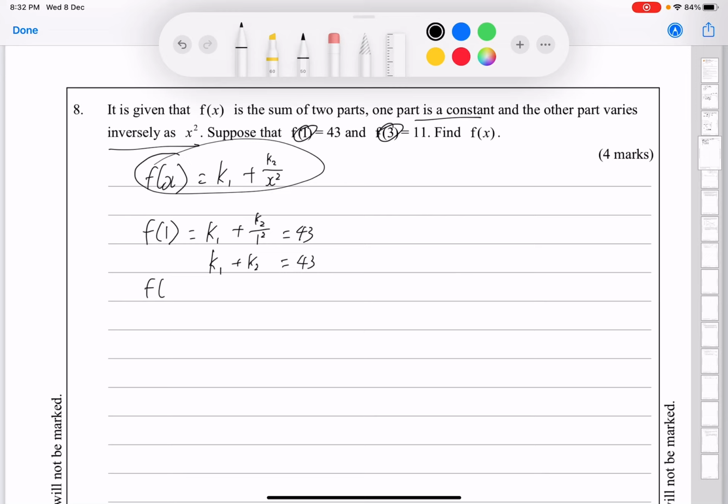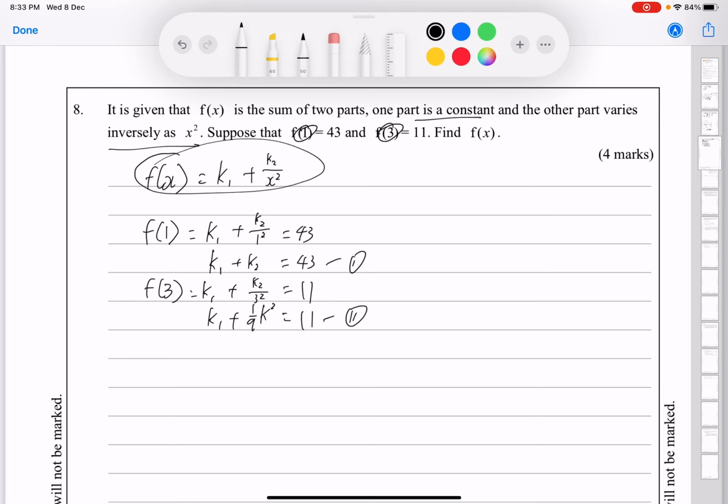And then F(3): substitute the 3 inside the x again, you'll get 11. k1 plus k2 over 9 is 11.